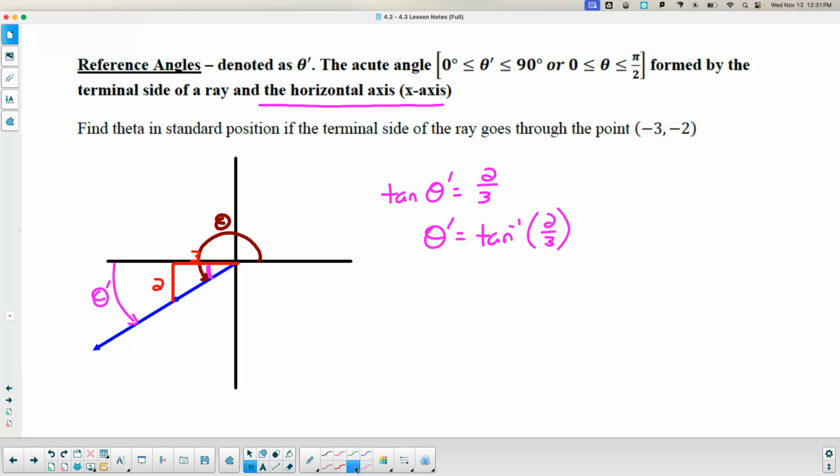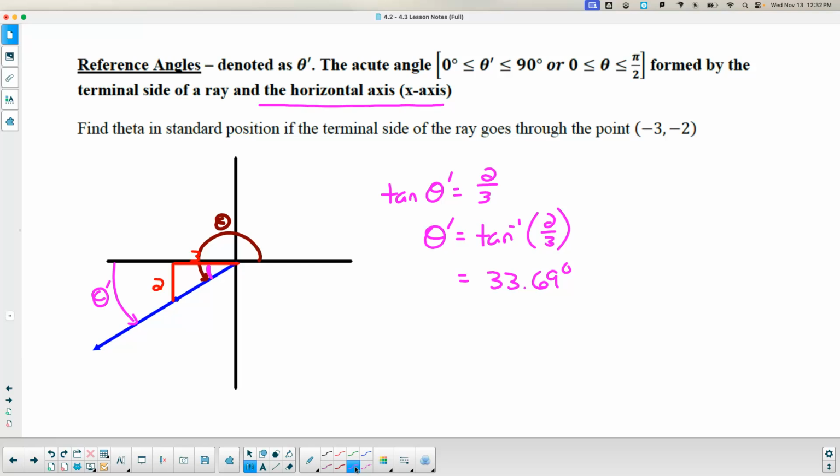Was that the 33 or the 56? 33? Yes? Okay. But that's just this angle right here.